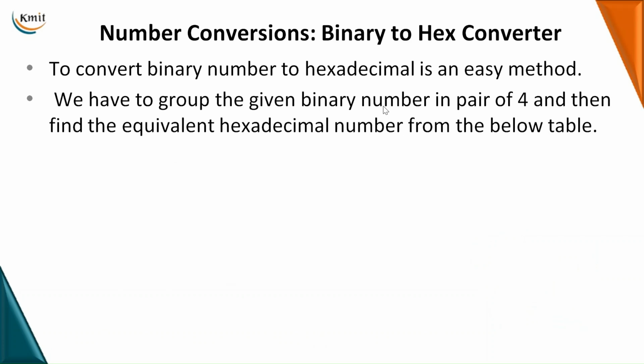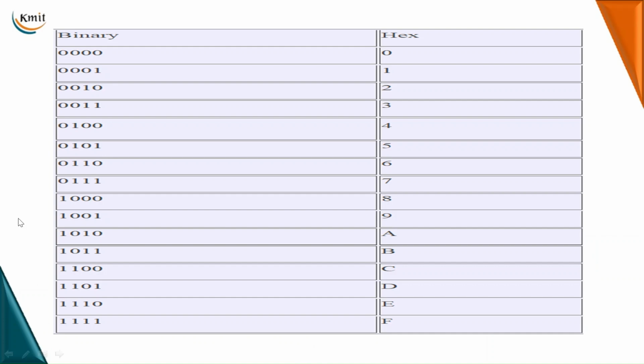Next is the binary to hexadecimal conversion. To convert a binary number to a hexadecimal number, it is a very easy method. What you have to do is first group the given binary number into groups of 4 bits, and then find the equivalent hexadecimal number from the table. This table gives you the hexadecimal equivalents of the 4-digit binary numbers.